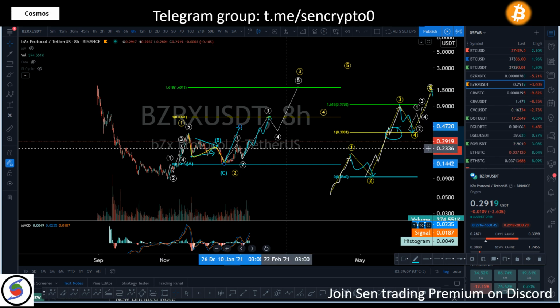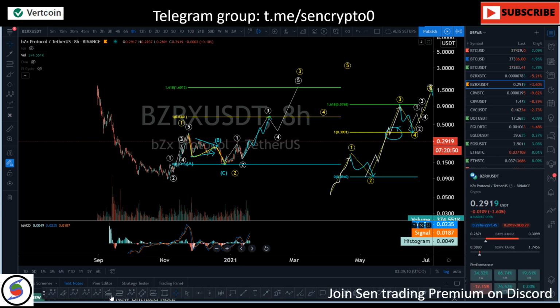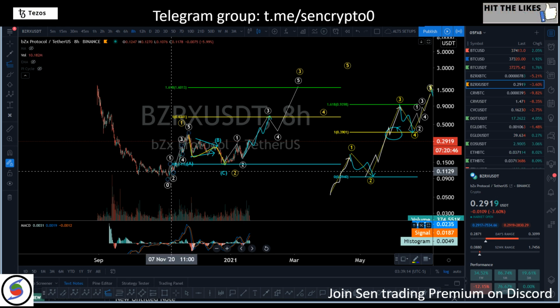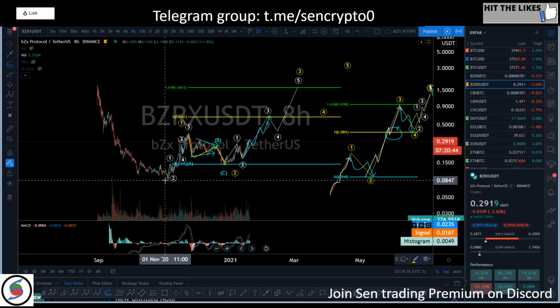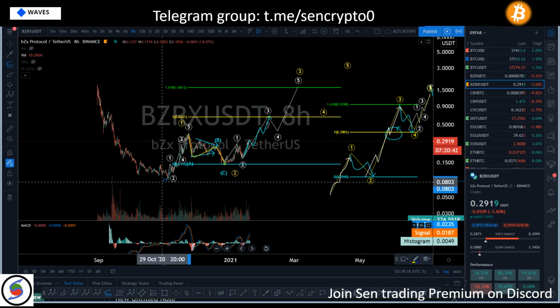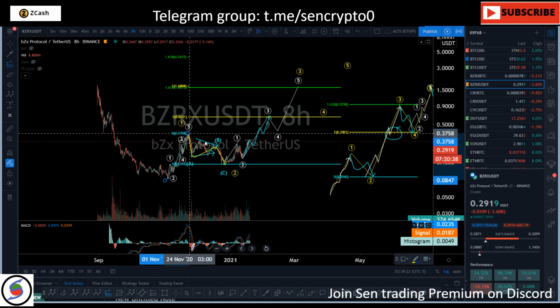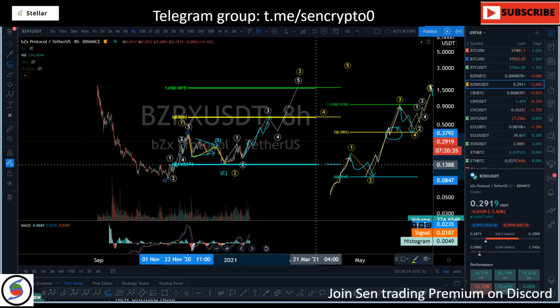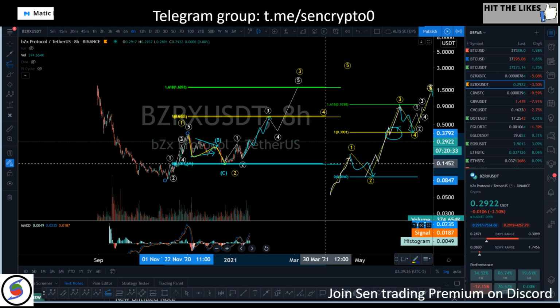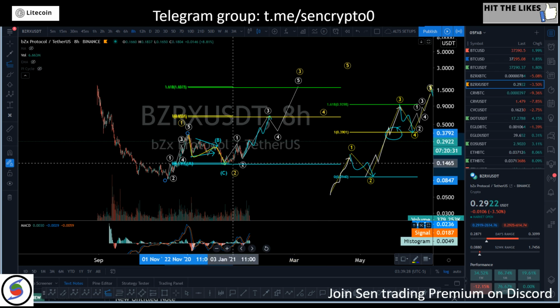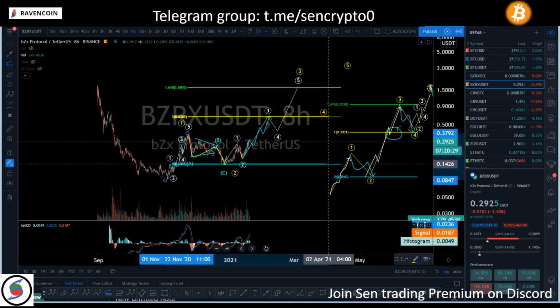The way to do it is to get your extension tool and go from swing low to swing high, which is your wave 1, from the bottom to the top, and then to the bottom of wave 1, which is the end of your wave 2, right here.